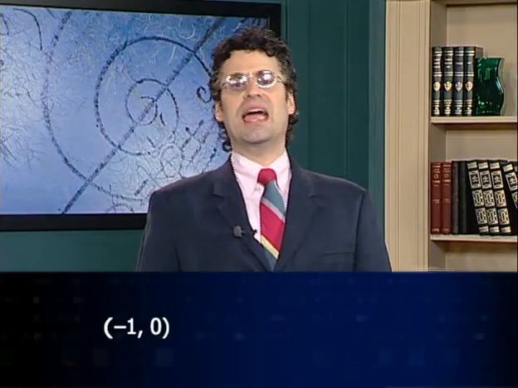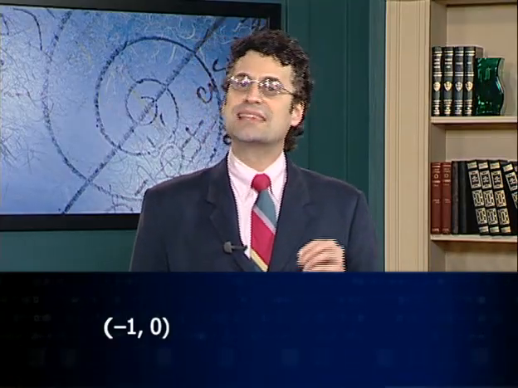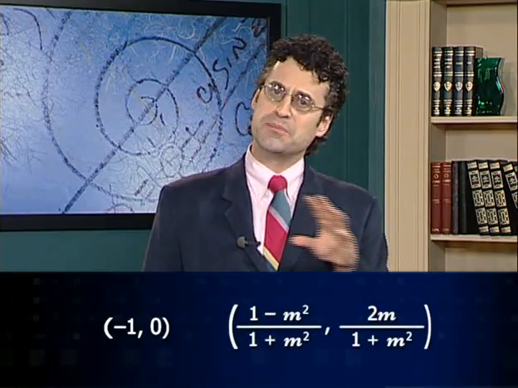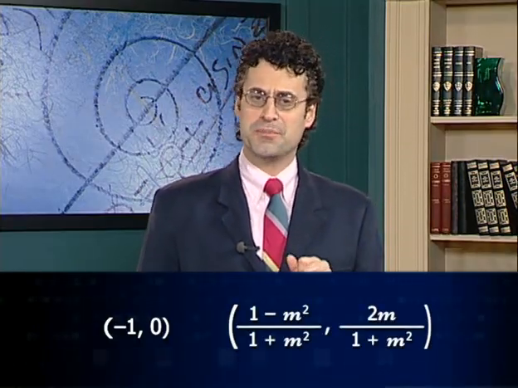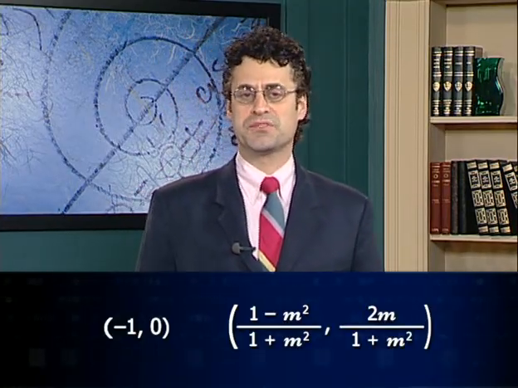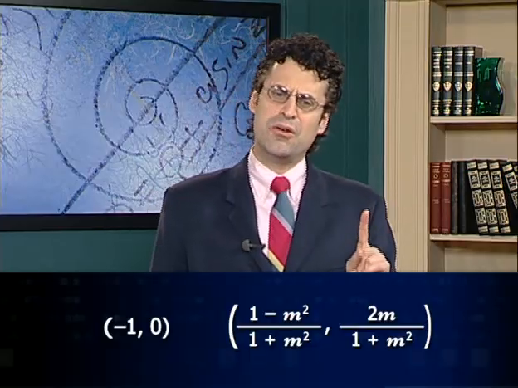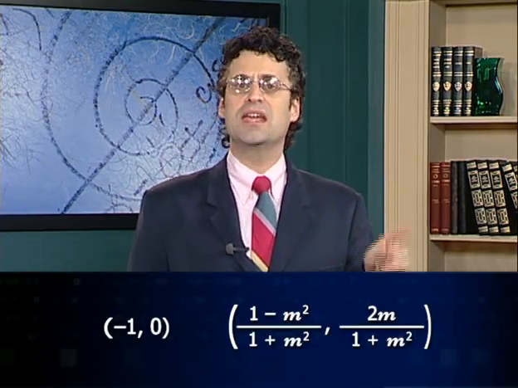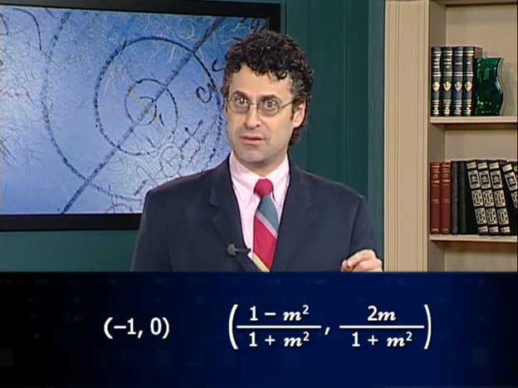One point is our known point, negative 1 comma 0, and the other point is the more exotic point, which has x value 1 minus m squared over 1 plus m squared, and a y value of 2m all over 1 plus m squared. Now, notice how this second point of intersection will in fact vary as we change m.